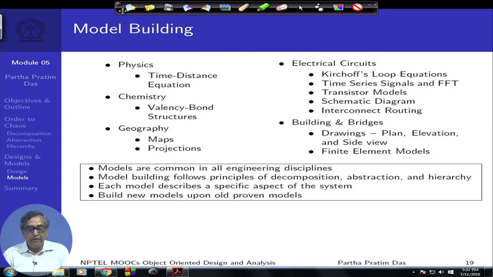So, the basic idea of a model is that it makes use of the basic principles that we have been talking of so far. They decompose, they abstract, and they follow the hierarchy. And the strongest element of a model is abstraction.